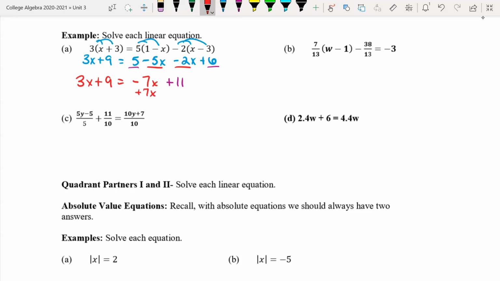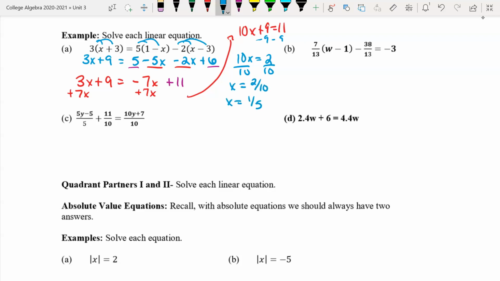And I'm going to add my 7x. So I'm going to write that up in here. I'm going to have 10x plus 9 equals 11. I'm going to subtract 9. 10x equals 2. I'm going to divide by 10. x equals 2/10, aka x equals 1/5.